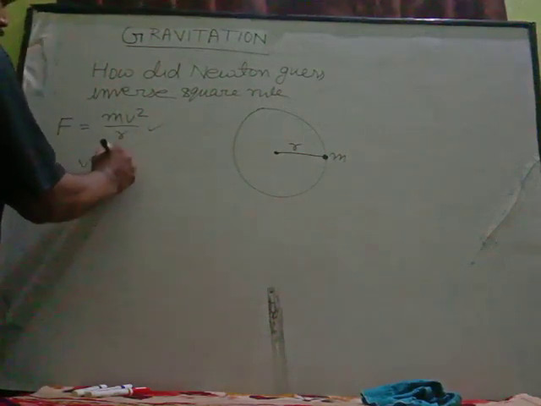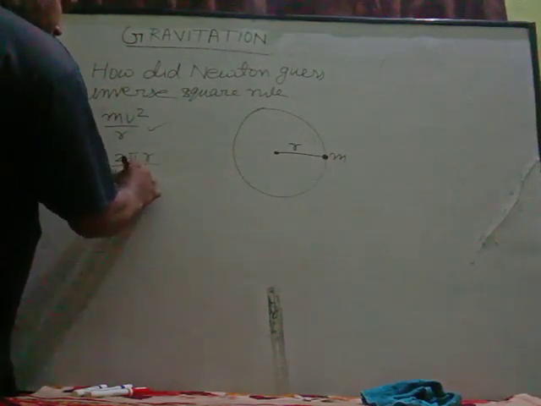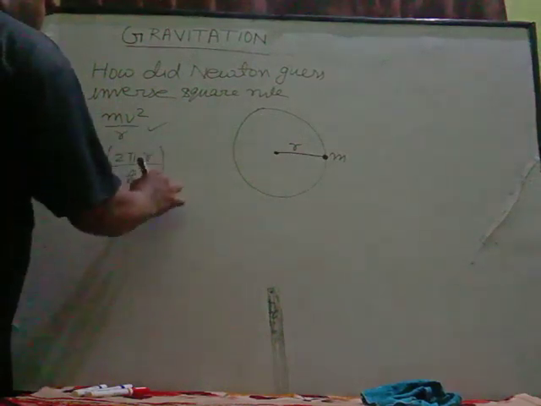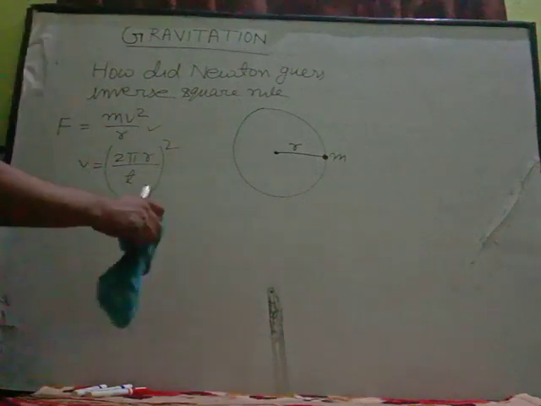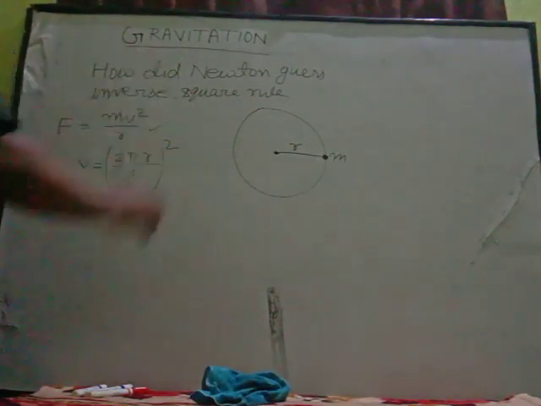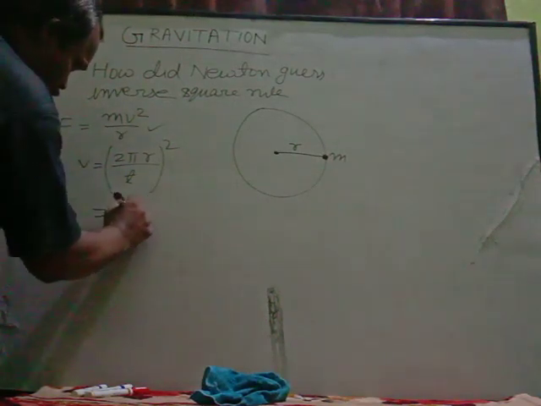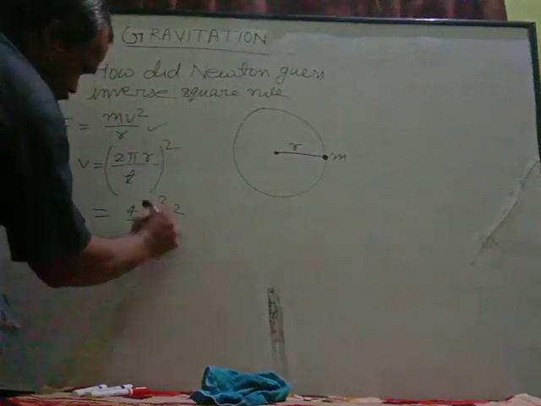Suppose that force is F is equal to m v square by r. Now v is equal to 2 pi r divided by T. So v square will be 4 pi square r square by T square.